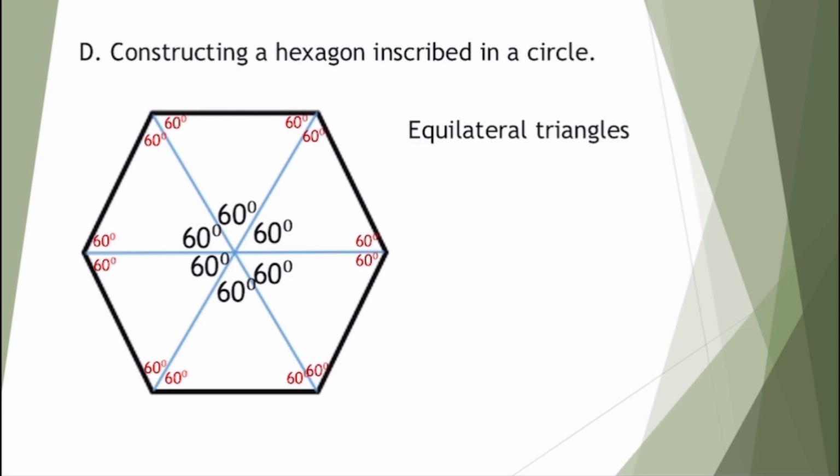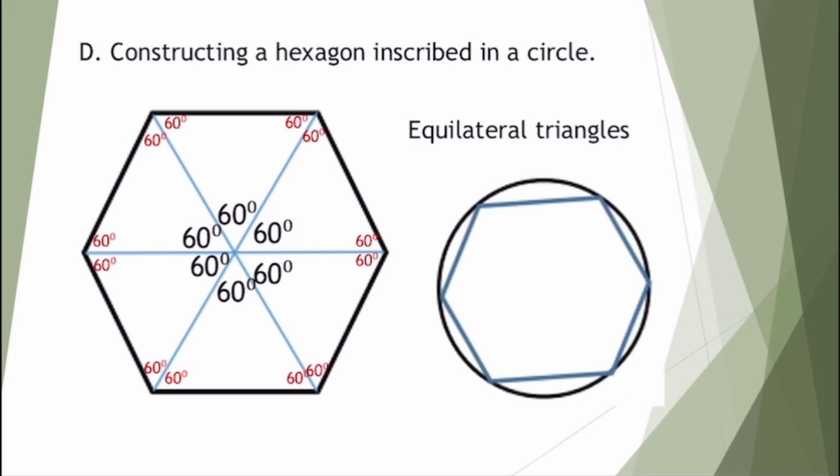The measure of each angle of all the triangles is 60 degrees, so all triangles are equilateral. Since the 6 points are evenly spaced, each of the segments connecting the 6 points must be the same length. Therefore, the polygon must be regular. It has 6 sides, so it is a regular hexagon.